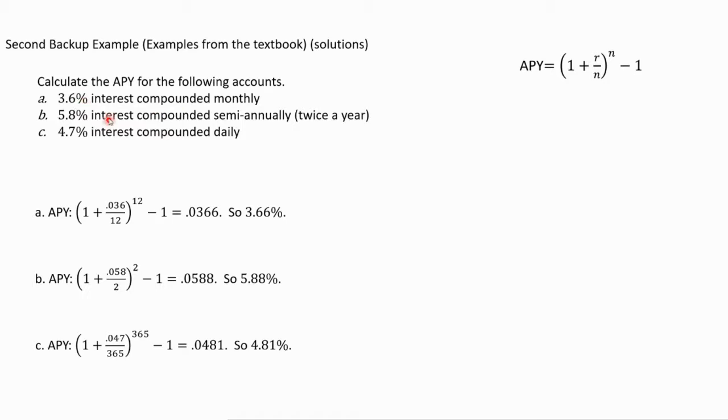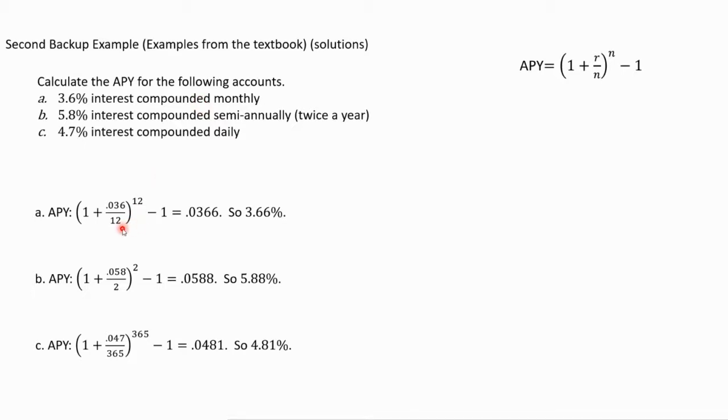So in the first case, our R is 3.6%, but you convert it to a decimal. Since the account is compounded monthly, N is 12.